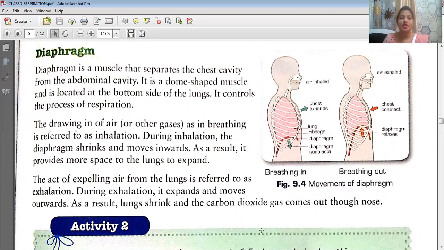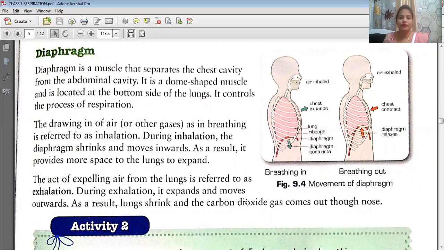How does it control respiration? Understand. When we are inhaling, drawing in air, the diaphragm shrinks, it becomes smaller, and when it shrinks, space is created. When space is created, our lungs will expand.